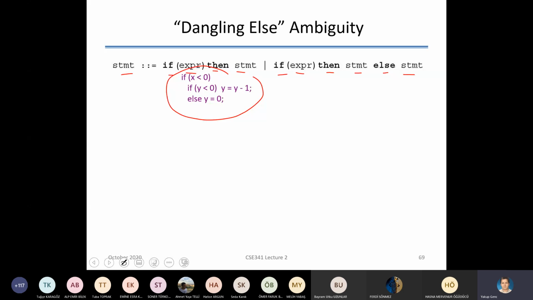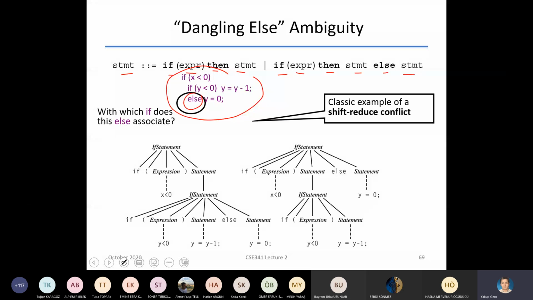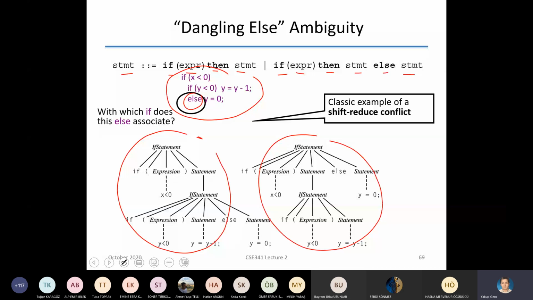When you do a leftmost and a rightmost derivation of this, you see two different versions of it. The leftmost derivation, I think, gets this one, and this is the rightmost derivation, or the other way around. This would mean that I will have a shift reduce conflict in this grammar. So how do we resolve it? Again, now our engineering side comes into place.